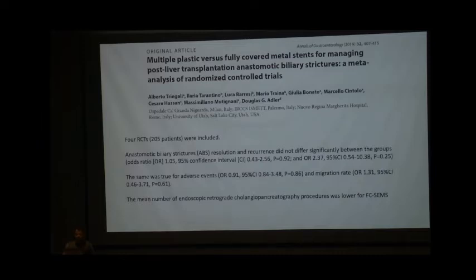And the mean number of endoscopic retrograde procedures was lower for fully covered stents. So if we assume that no infection happens while the stent is exchanged, then probably placement of multiple plastic stents would be a better way to go ahead in the Indian setting, because of multiple ERCPs versus placement of a metallic stent, where the cost issue may be discussed.